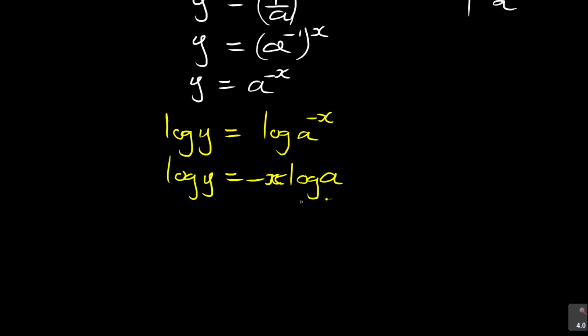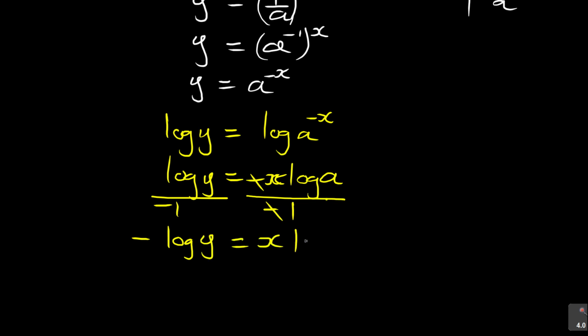When I've done that, it's log y is equal to negative x log a. So now if I divide by negative 1 first, what I will have is negative log y is equal to x log a.